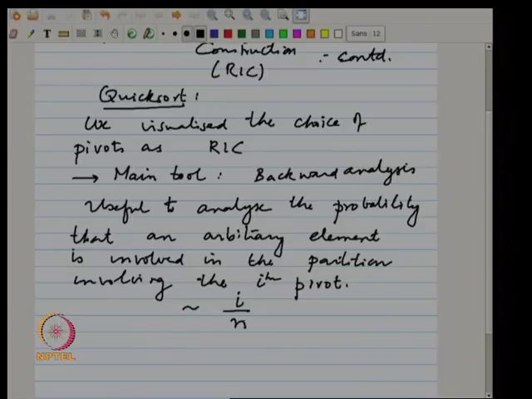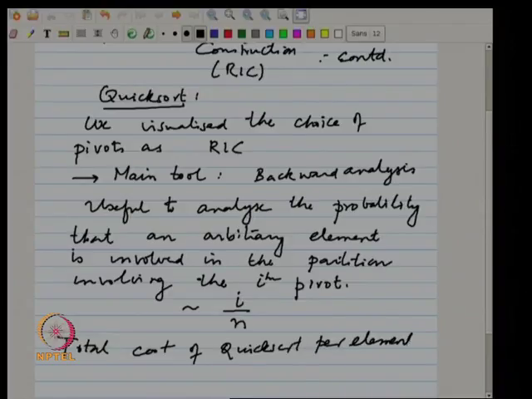With the backward analysis we came up with a nice simple number of i over n, and when you sum up i over n from i equal to 1 through n, the total cost of quicksort per element is a summation over i over n.